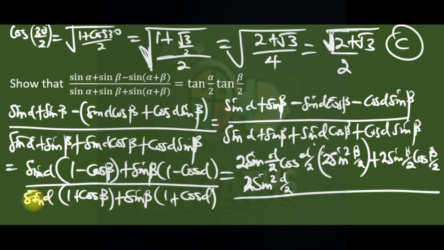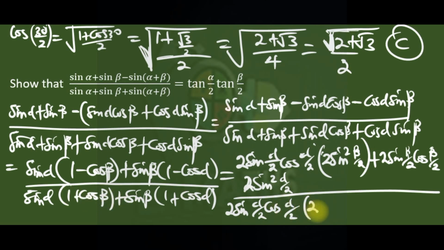For the denominator, we use the same thing, which is 2 sine half alpha cos half alpha times 1 plus cos beta.